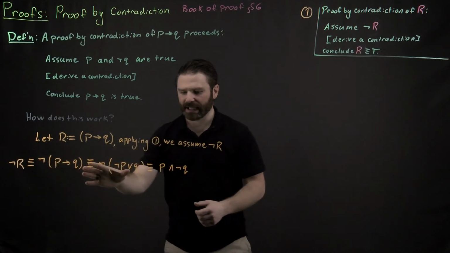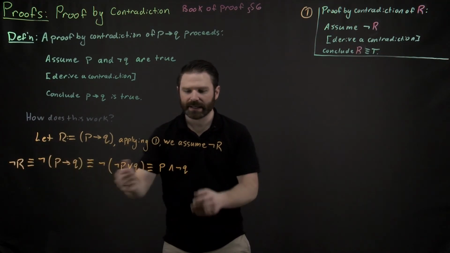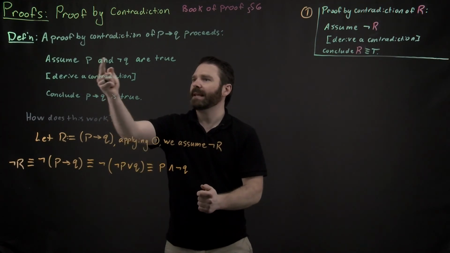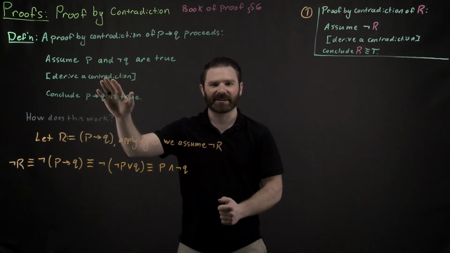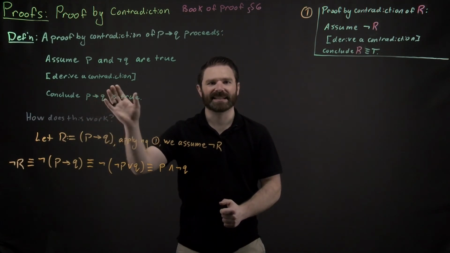And then after we negate it, we find that assuming not R is the same thing as assuming P and not Q. So then deriving a contradiction allows us to conclude that our statement, our implication, is true.